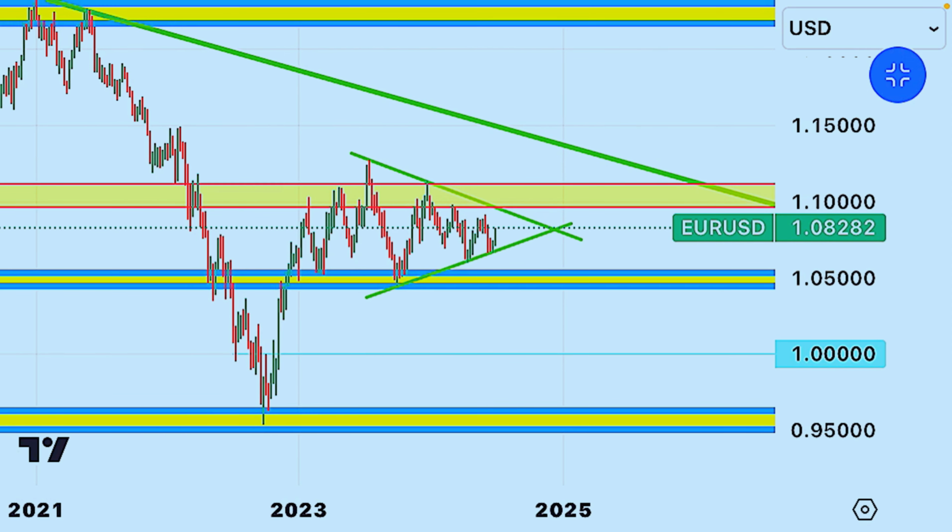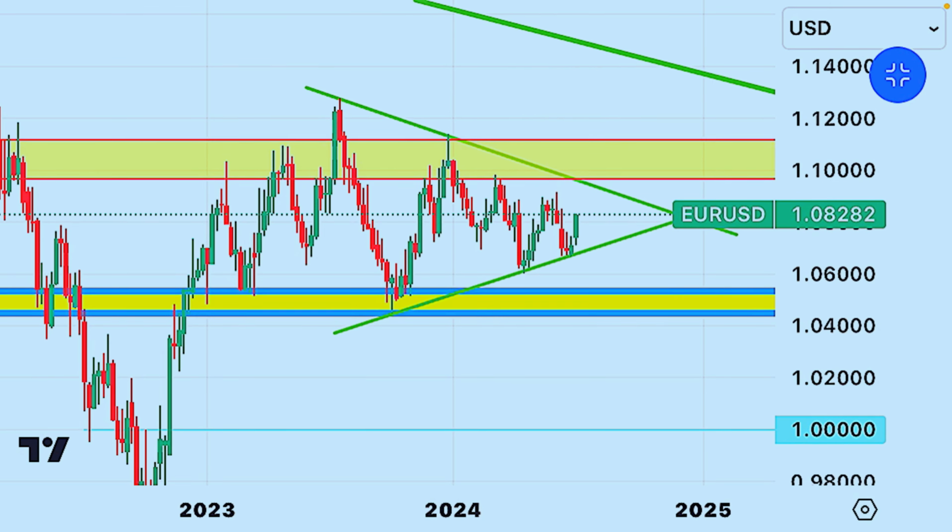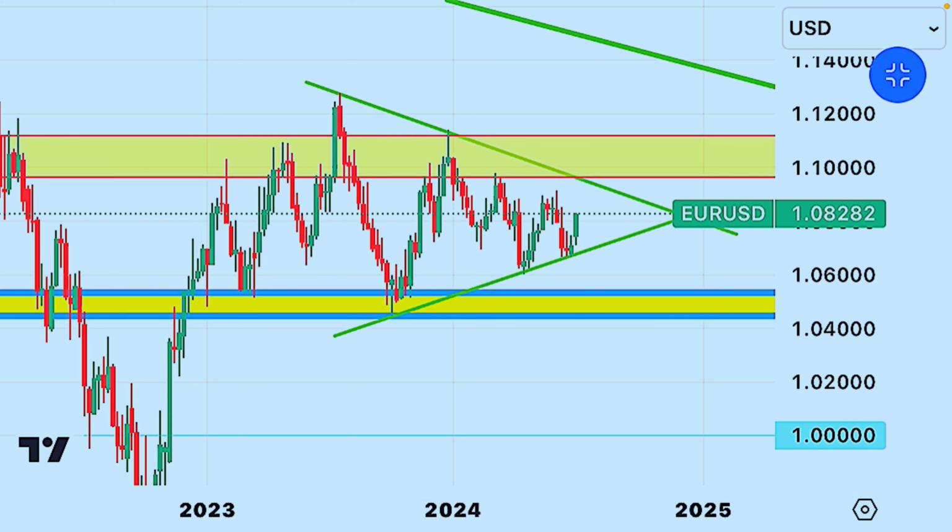That's why you always have to move to a higher time frame to get the overall trend, to know what is happening, and to determine your trading decision.